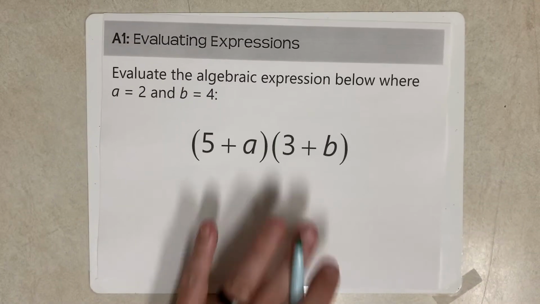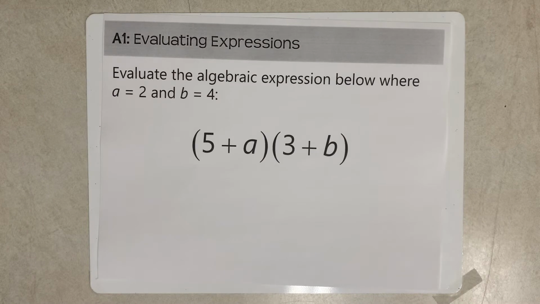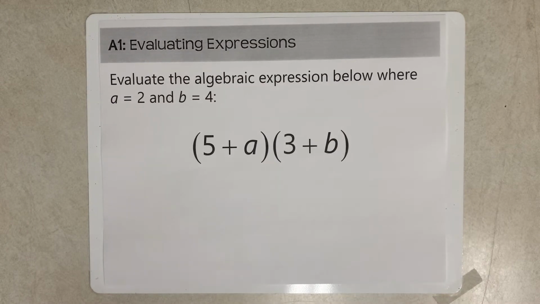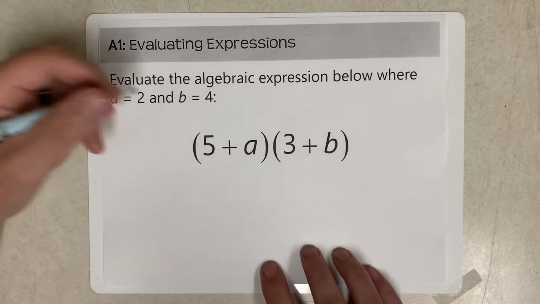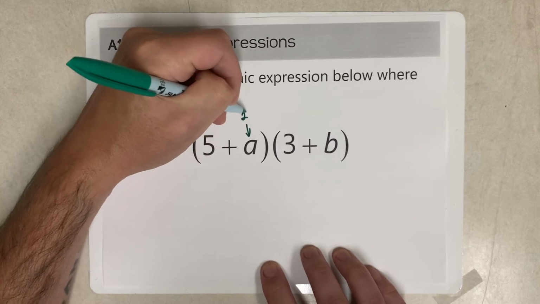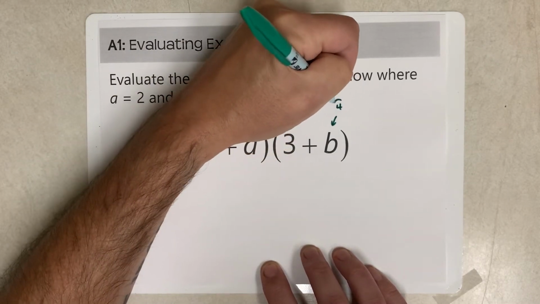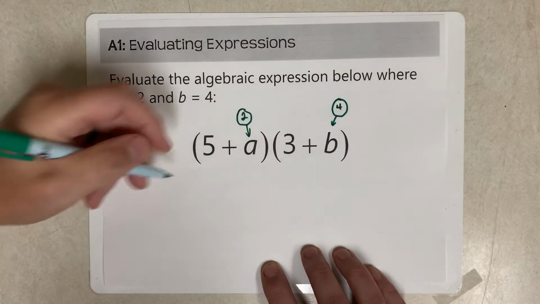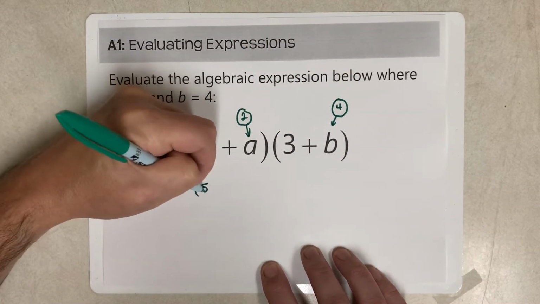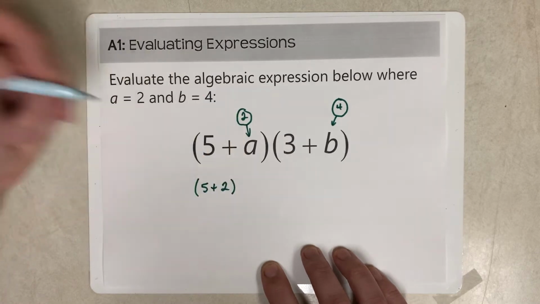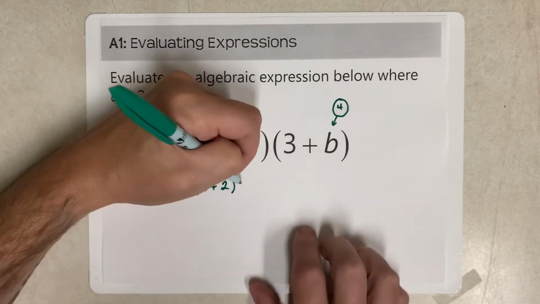All right, this one says, evaluate the algebraic expression below where A is 2 and B is 4. All right, so we have A is 2 and B is 4. Okay, so we're going to plug those 2 numbers in, which means we're going to get 5 plus 2, and then this would be 3 plus 4.